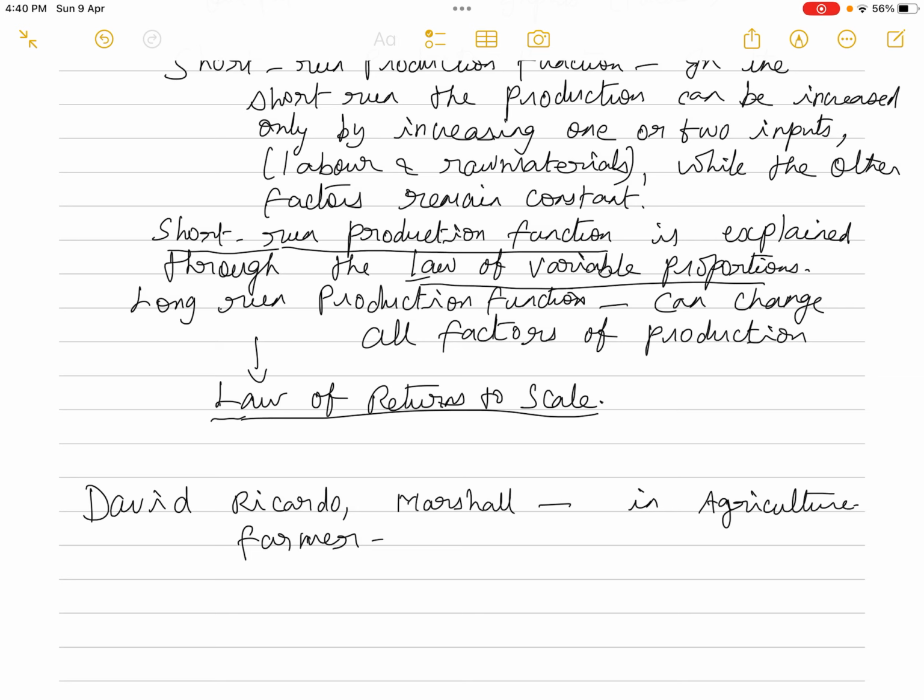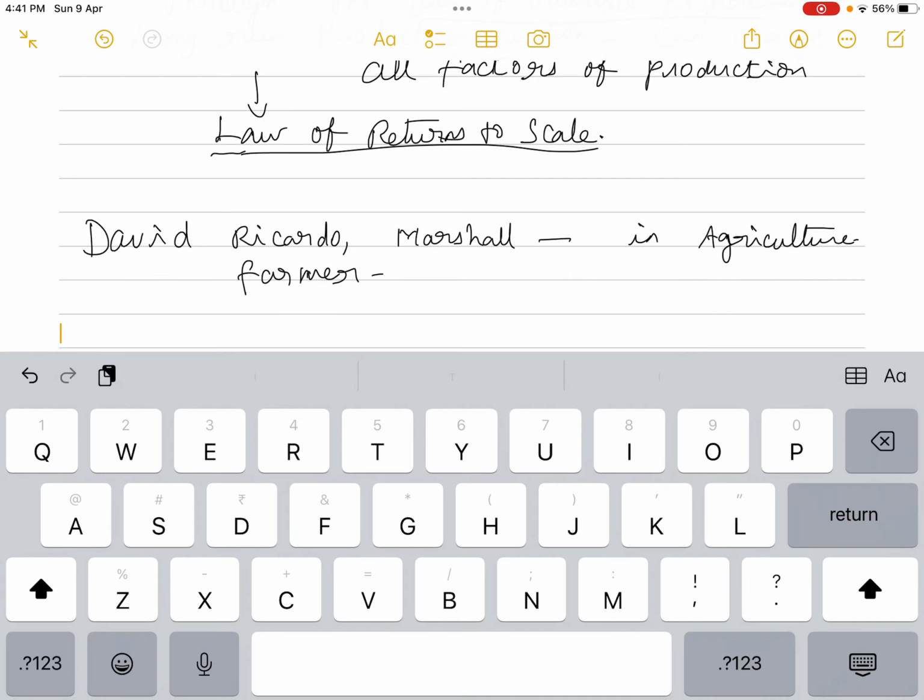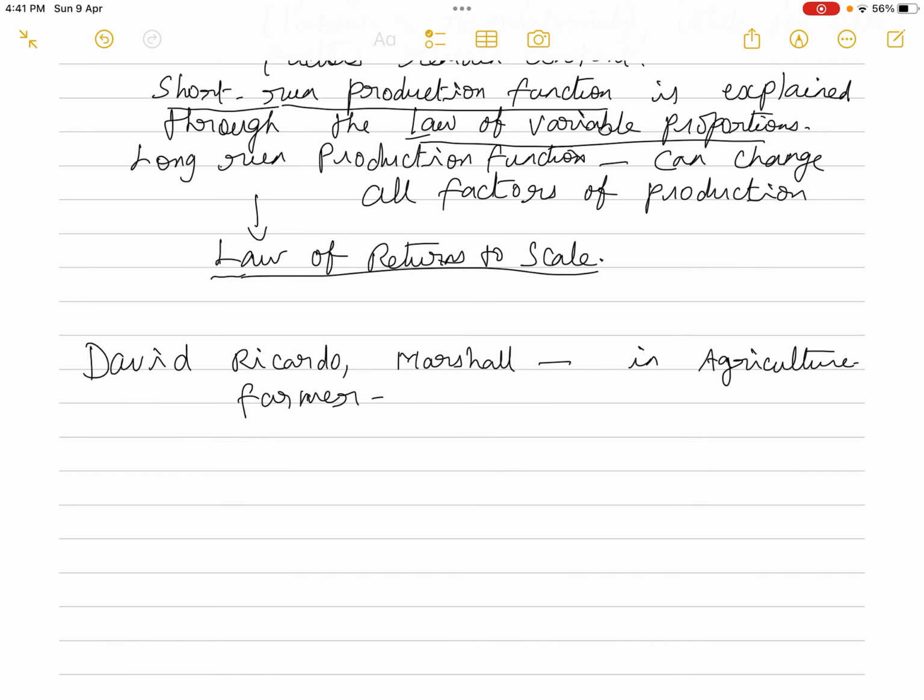That is, if a farmer wants to increase the output by increasing only the labor, he cannot change the land, he cannot increase the quantity of land, and he cannot change the machinery also. He can change only the labor, and seeds, fertilizers, raw materials, he can change.